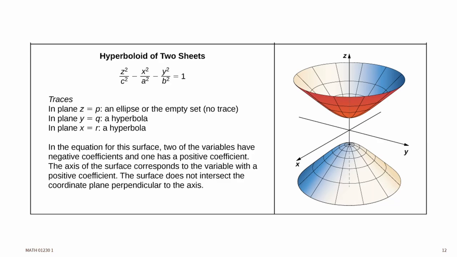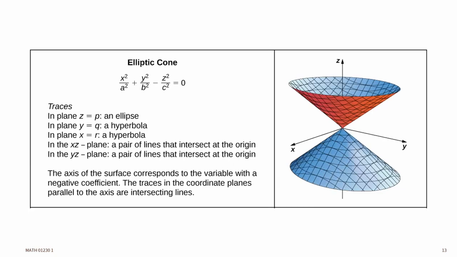Elliptic cone: x squared over a squared plus y squared over b squared minus z squared over c squared is equal to 0. And its axis is the negative.